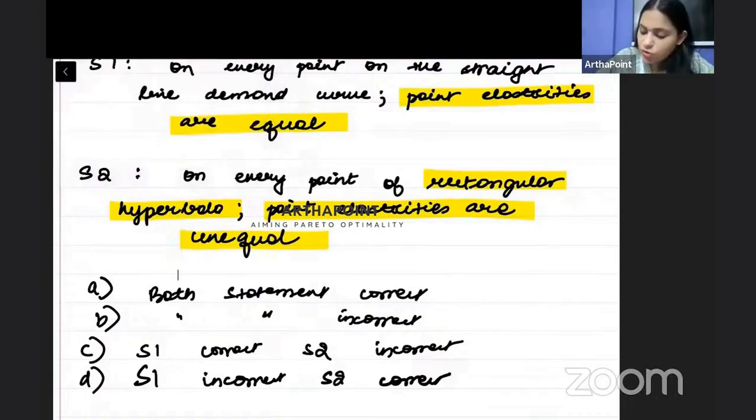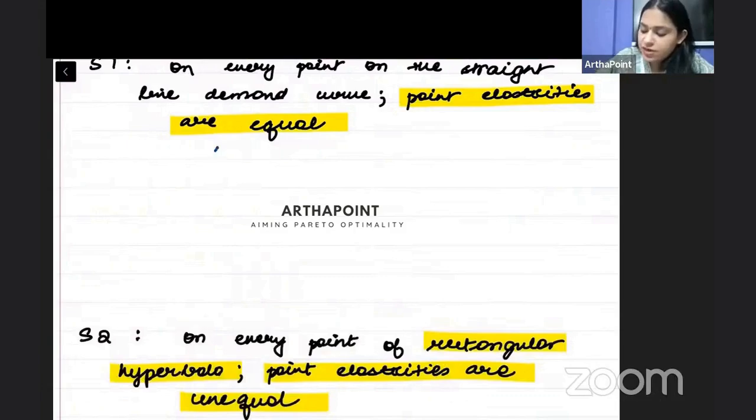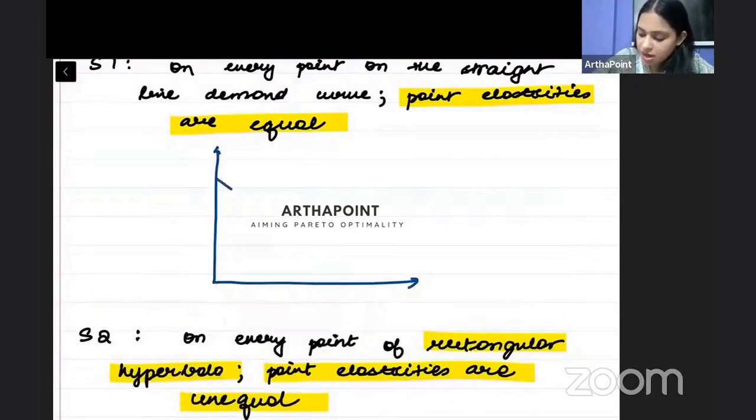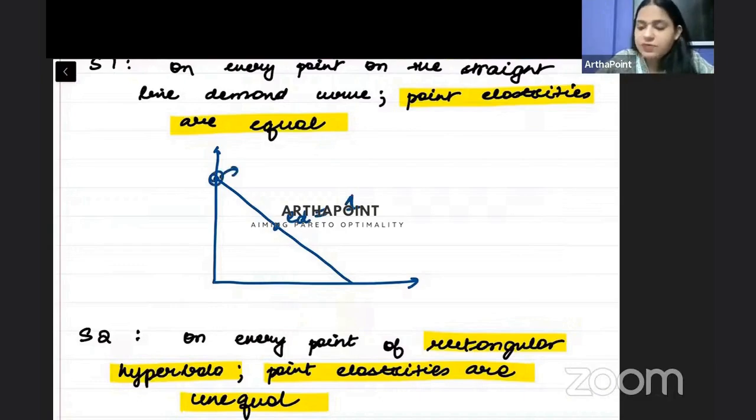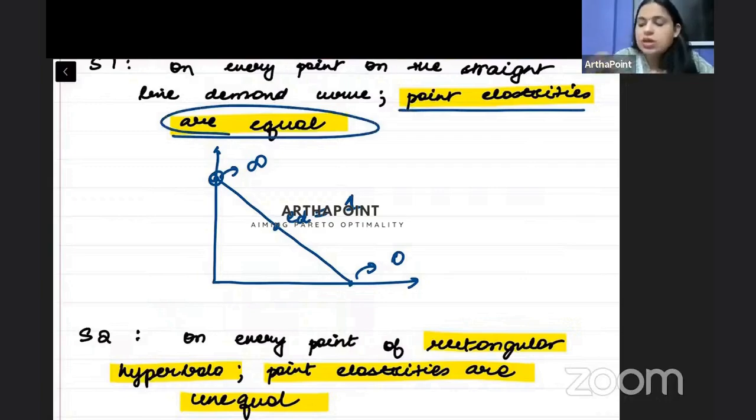So look carefully, beta, when we have a downward sloping demand curve, then point elasticity is unequal. Here at the midpoint, elasticity of demand is 1. Here elasticity of demand will be 0. So at each point elasticity of demand is different. So point elasticities are not equal. They are different at every point. So this is a false statement.